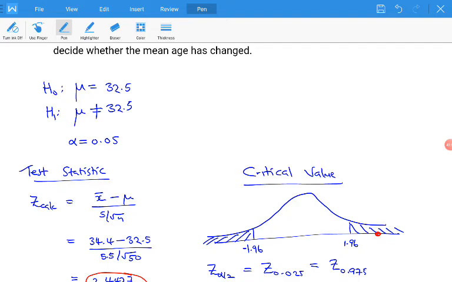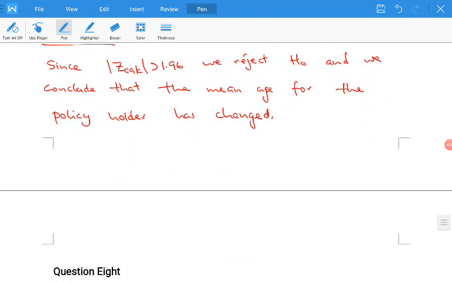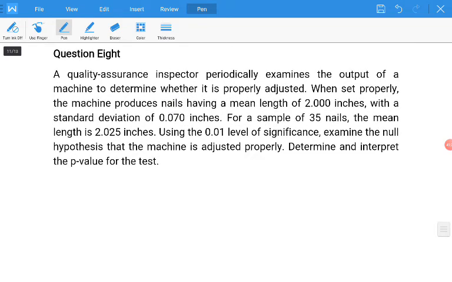So I'm now going on to the last question that I'll demonstrate, which is question 8. A quality assurance inspector periodically examines the output of a machine to determine whether it is properly adjusted. When set properly, the machine produces nails having a mean of 2 inches with a standard deviation of 0.07 inches.